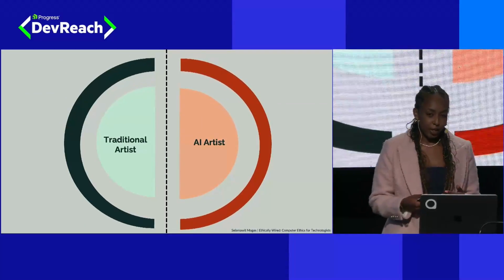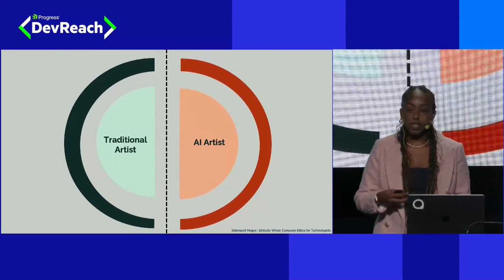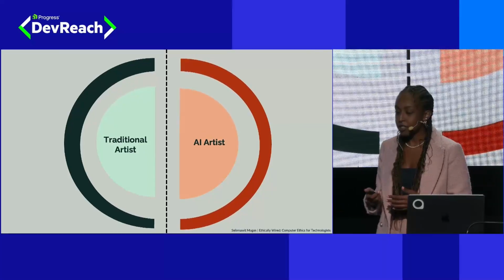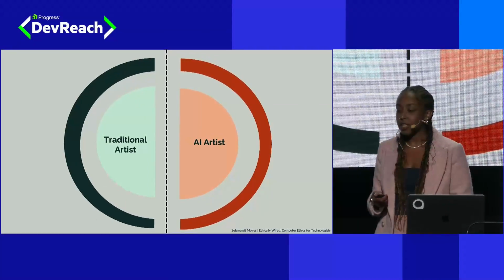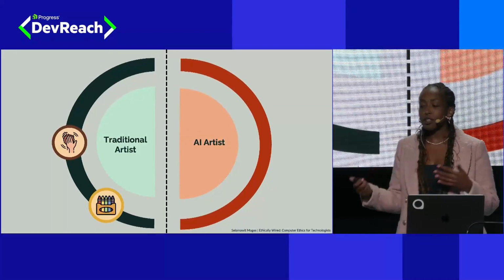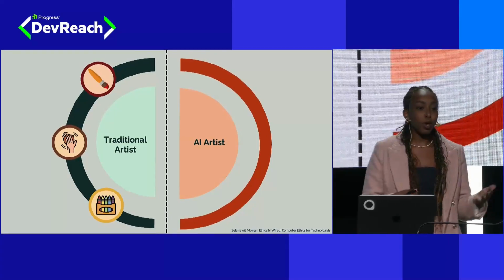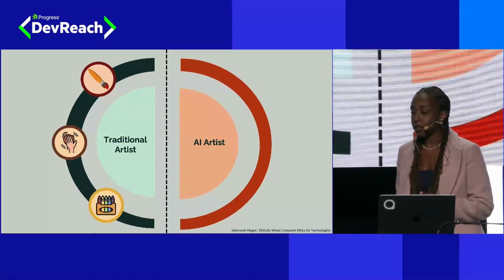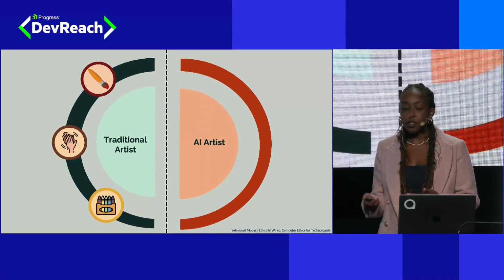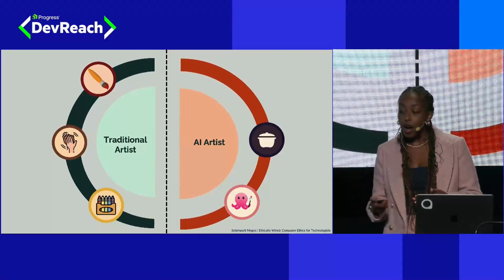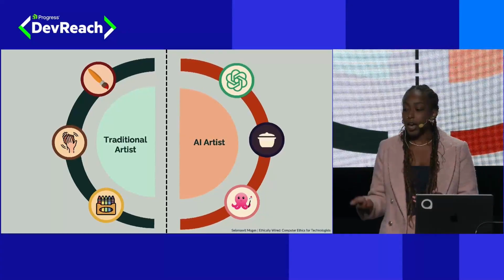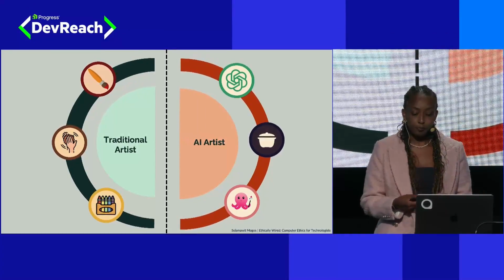To set the scene here, we have traditional artists, and let's just say AI artists in this case. Traditional artists use things like crayons, clay, paintbrushes, markers, things that we're all pretty familiar with. And let's say AI artists use things like GenCraft, Hotpot AI, and DALL-E to create their art.